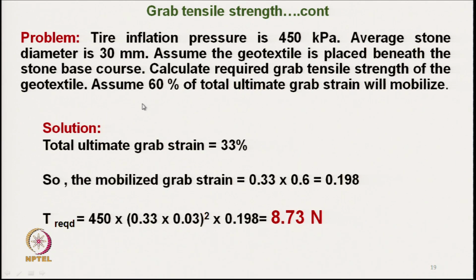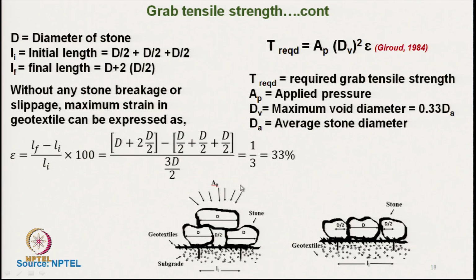Here the assumption is that 60% of the total ultimate grab strain is being utilized. Here in this condition we have not considered any slippage. So, 60% strain being used means 40% slippage took place during sliding.